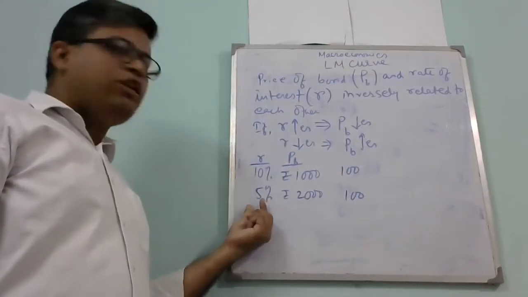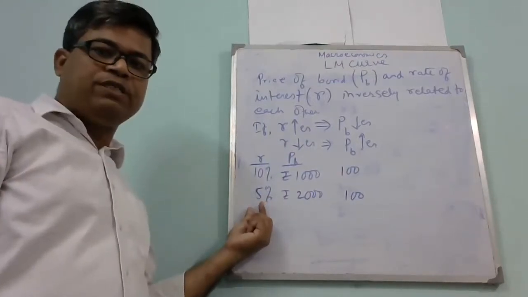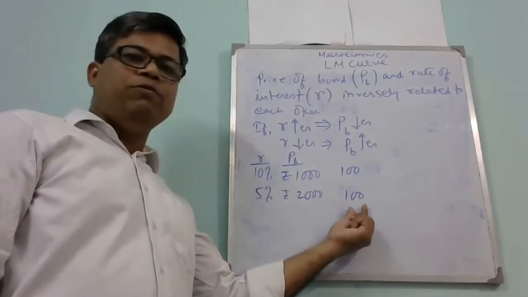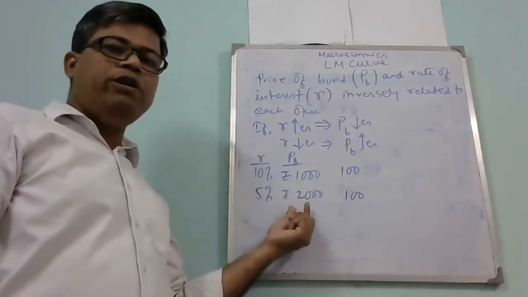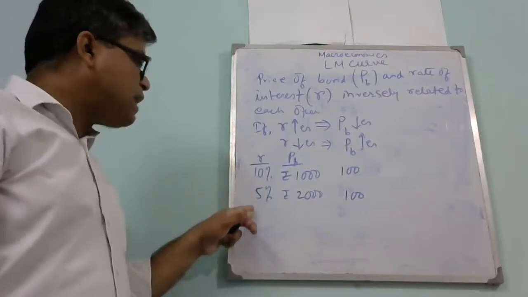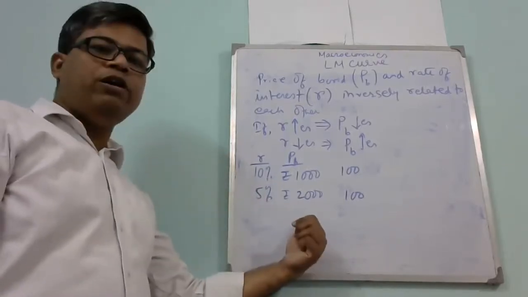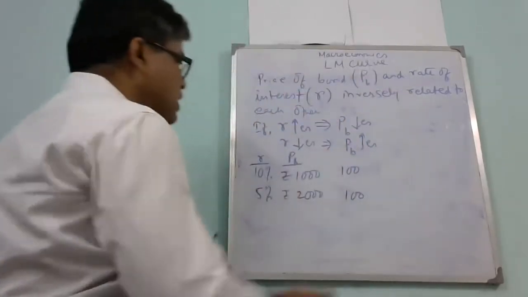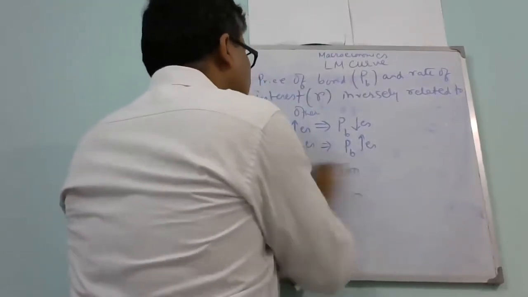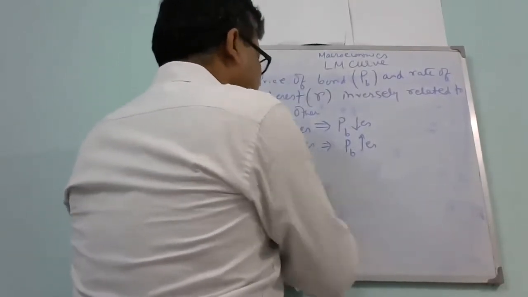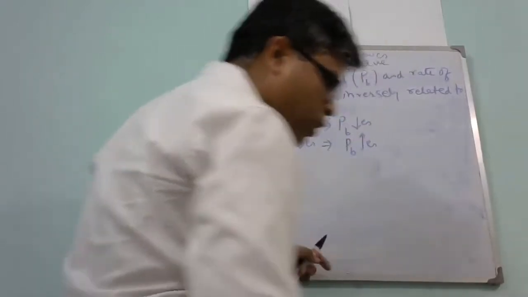If the rate of interest goes down from 10 to 5%, then to get the same amount of return, the price of the bond will be increased to 2000. So as R decreases, the price of bond increases. It's a simple law. That's why there is an inverse relationship between the price of bond and the rate of interest.